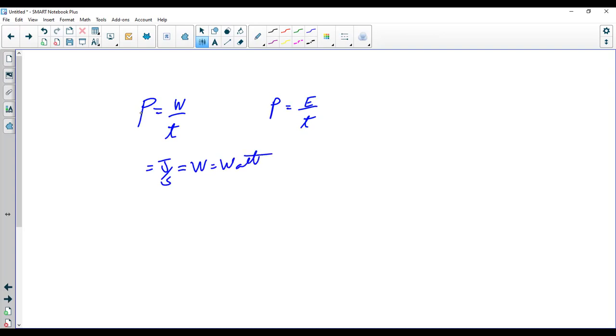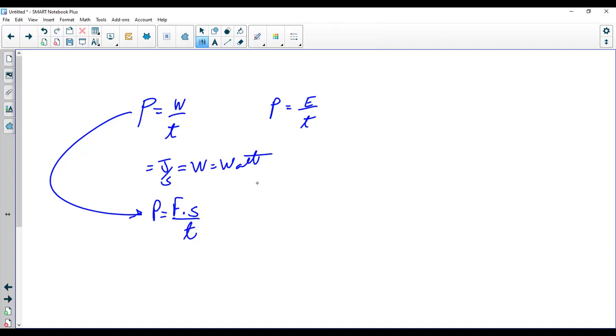Okay, but this formula, in some cases, we modify it and write it a new way. So what's the work formula? The simplest formula for the work was force times the displacement. So if we look at the second half of that formula, what is displacement over time?